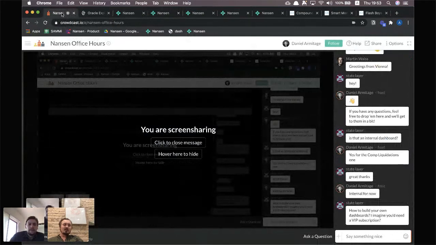Maybe I can just add briefly that we are also working on expanding our VIP tier, and in some cases the thinking is that people will be allowed to create their own custom private dashboards in the platform. But we haven't rolled that out fully yet, because we want to make sure that it's actually easy to use and not too confusing with all the different tables and views and aggregations we have.